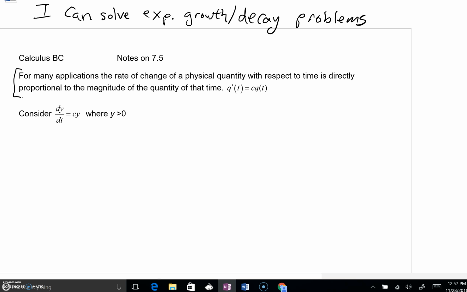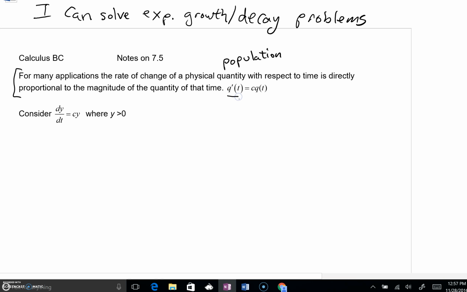And that quantity, some books will even call it a population. It's better to call it a quantity, because you don't have to strictly deal with populations of people or animals or whatever. But here's what we're really seeing.